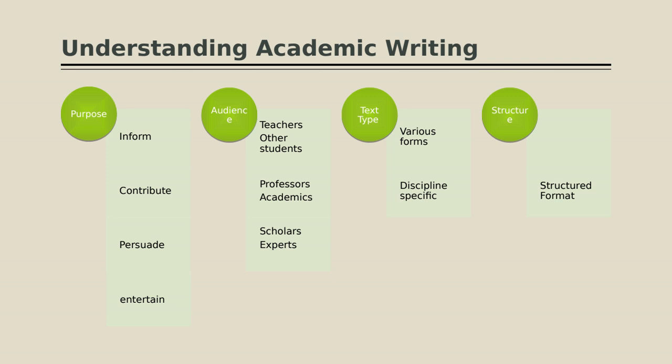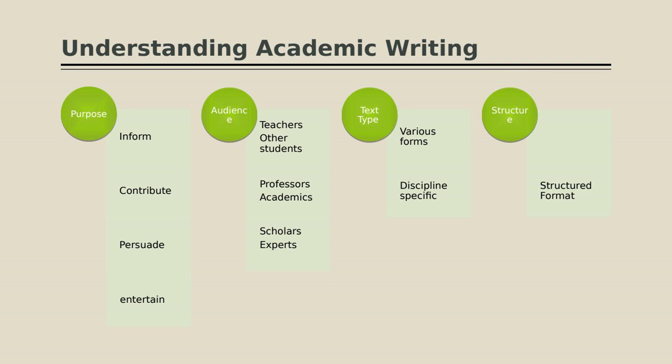So what type of writing or type of text are you writing? According to what we have now, with this variety of disciplines and specializations, we write different types of writing.